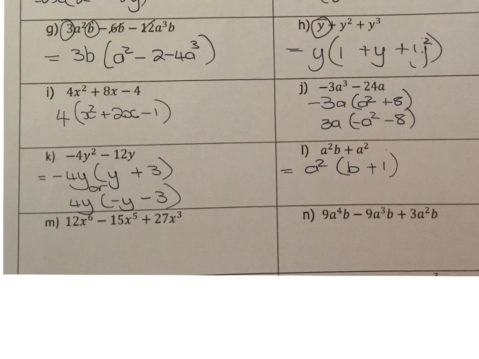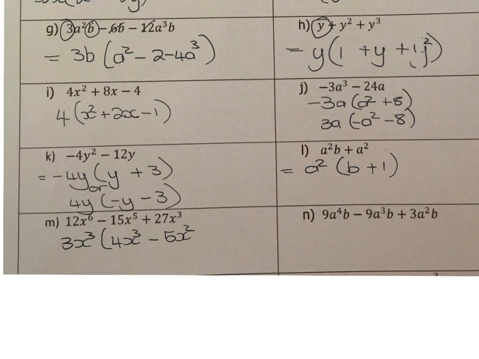This one, the common factor here will be 3x to the power 3. Now 3 goes into 12 4 times, and there will be x to the power 3 left. Minus 3 goes into 15 5 times, and there's x to the power 2 left.